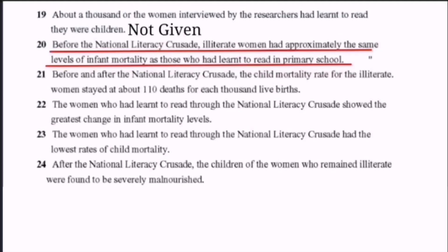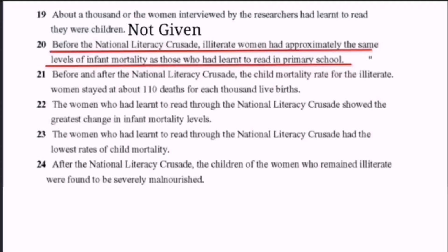So the keywords in question number 20 are before, illiterate women, same levels, infant mortality, and primary school. Illiterate woman means uneducated woman. Infant mortality means the rate of death of 1-year-old children.